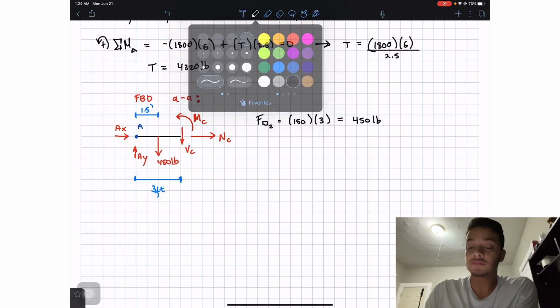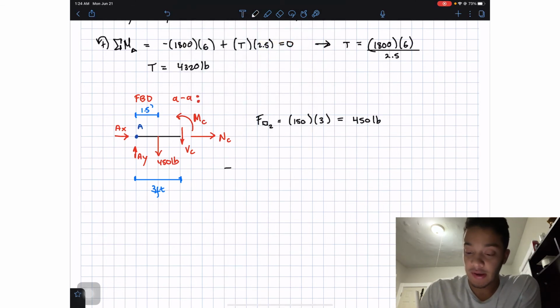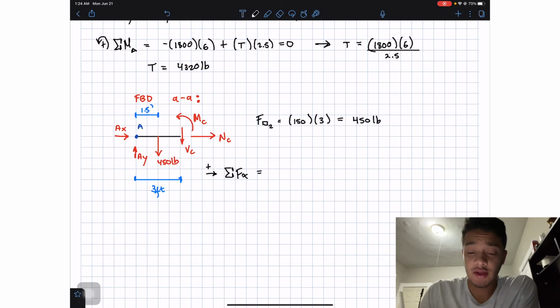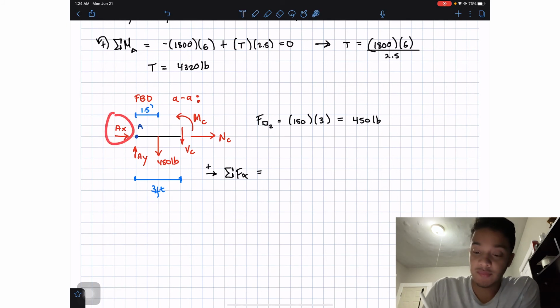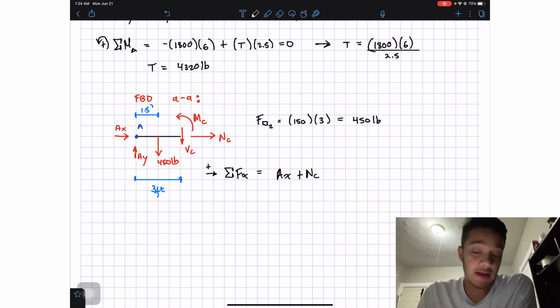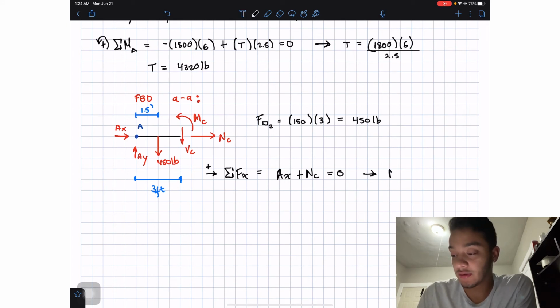Okay, and we apply our summation of forces. So let's start with the summation of forces in X, assuming that going right is positive. Then we'll have AX, positive NC. So AX plus NC, and I have nothing else, so it should be equal to 0. From here, we can conclude that NC is equal to negative AX.